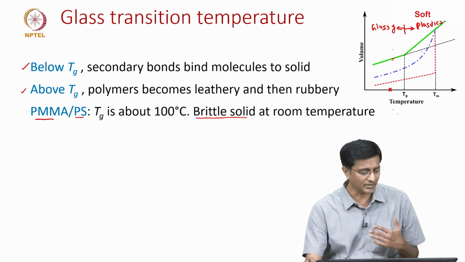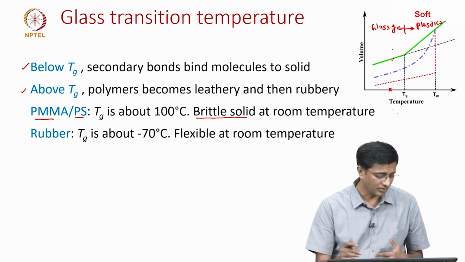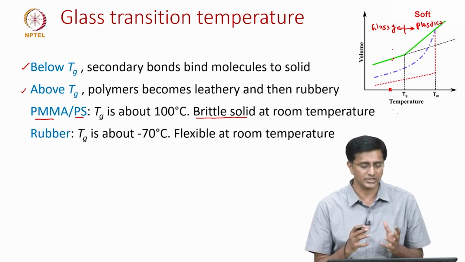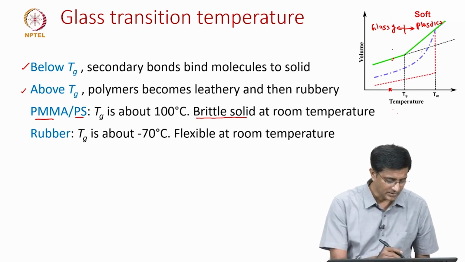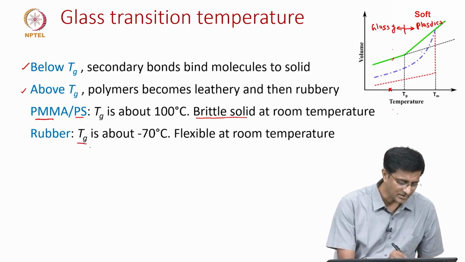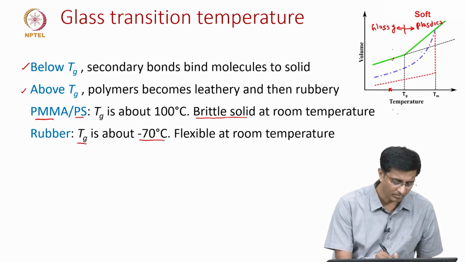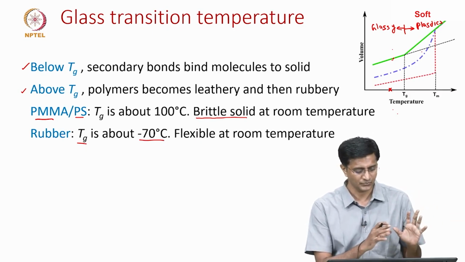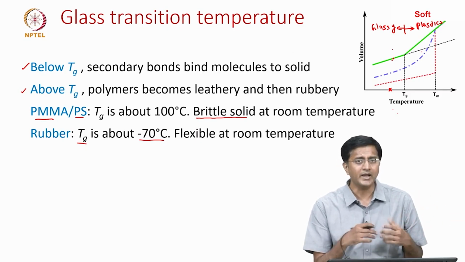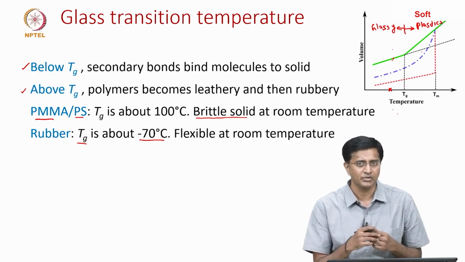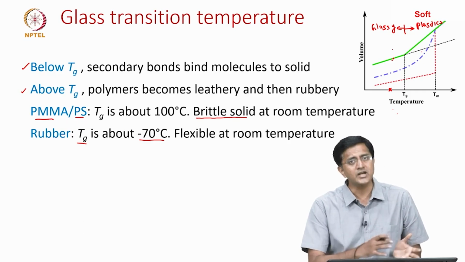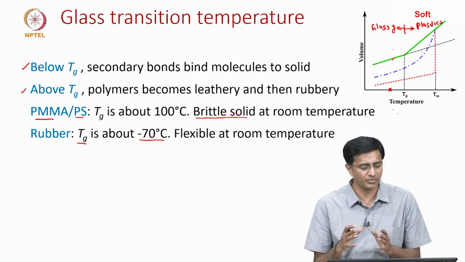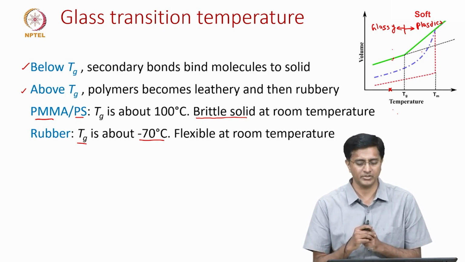Now, let us look at another example, natural rubber used in tires. This has a glass transition temperature of about -70 degrees. So, it is sub-zero, which means at room temperature we are much beyond the glass transition temperature of -70 for rubber.